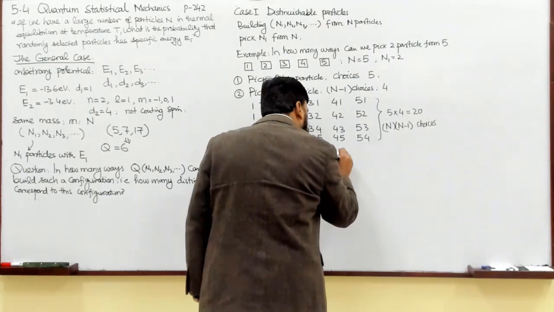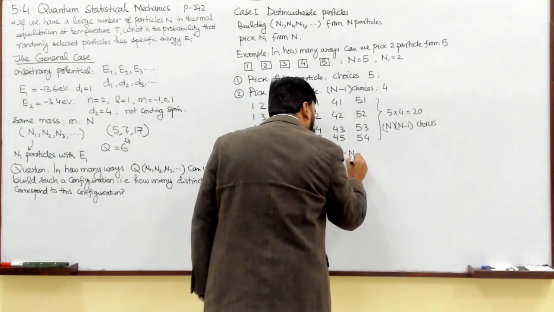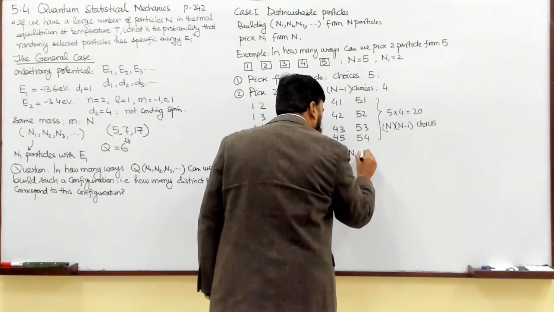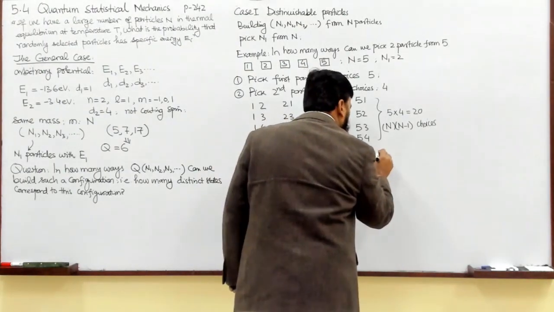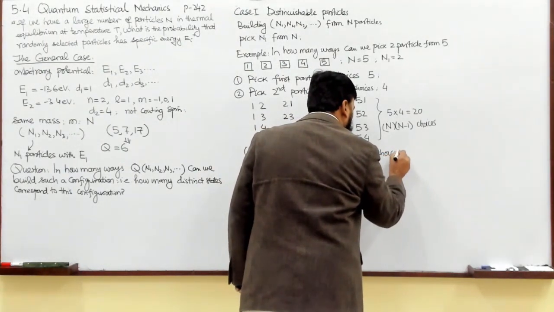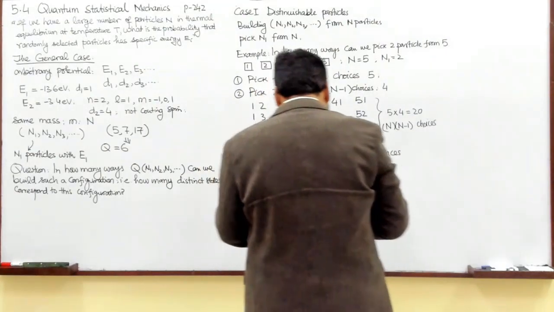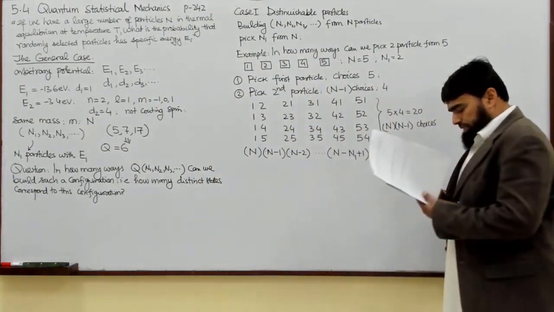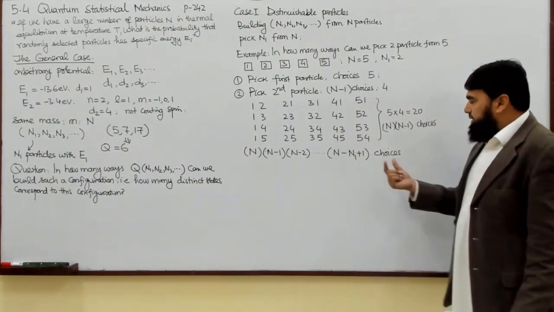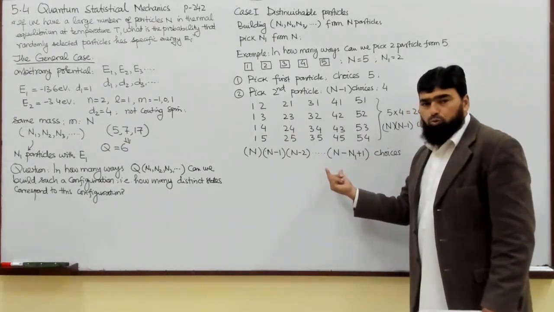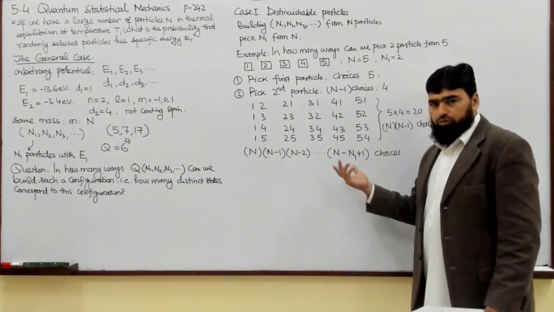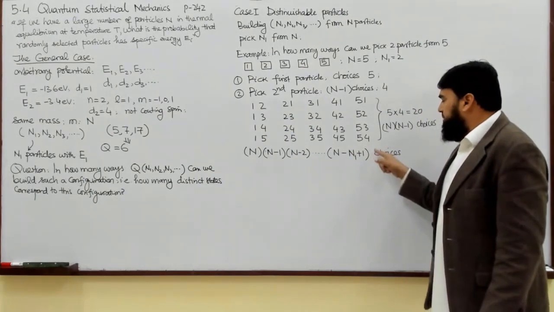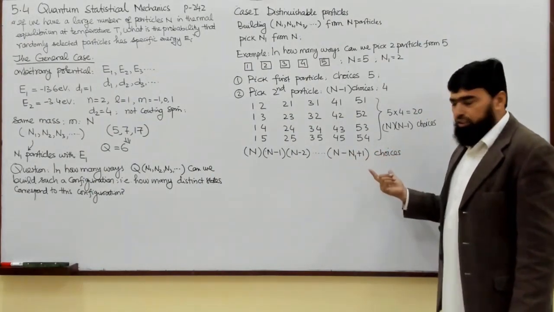This will continue, and generally I can write n minus n1 plus 1 choices. The last one will be 1, and something multiplied by 1 gives the same thing.